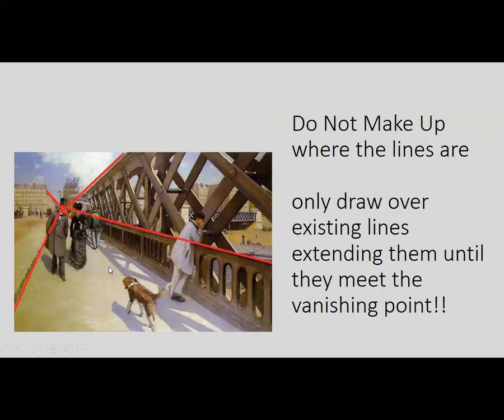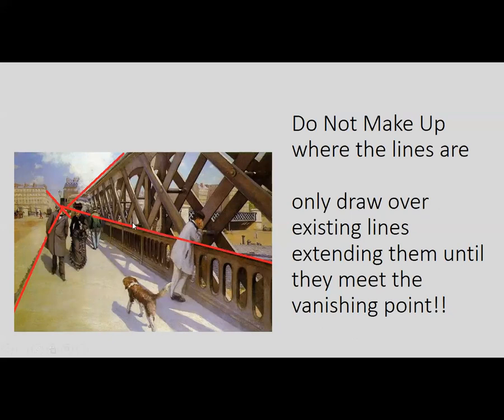So when you're trying to figure out where this vanishing point is, you're going to look at the objects, like here the road and the bridge in front of us and the side of that building over there, and you're going to try to figure out, as they get smaller and further away from us and closer together, where's that vanishing point?